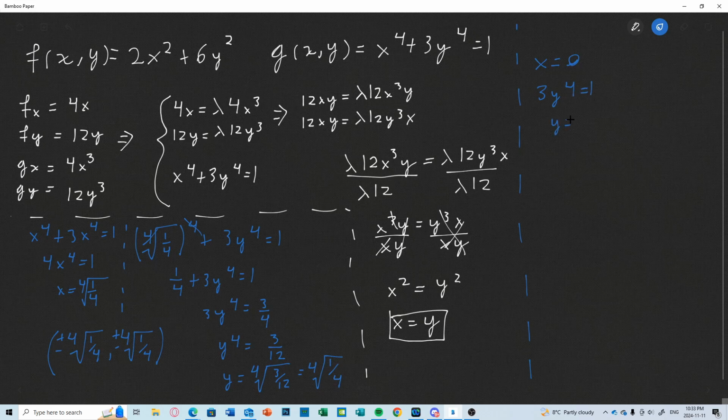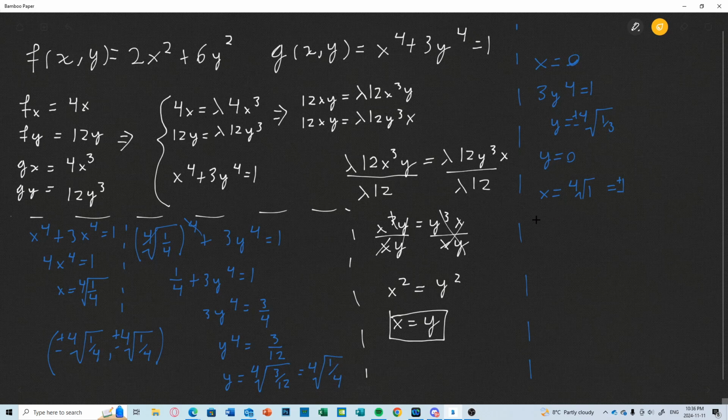So we're going to get y is the 4th root of 1/3, and then it's going to be plus or minus. And then when we set y equal to 0, we get x is equal to the 4th root of 1, which is just plus or minus 1.